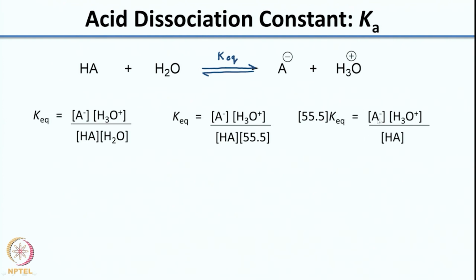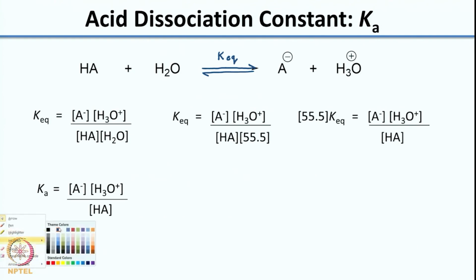So it is A minus times H3O plus divided by HA, and this is called Ka, the acid dissociation constant.